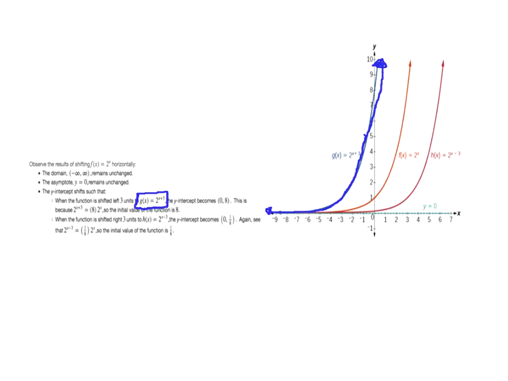So I move from 0, 1 to -3, 1. The horizontal asymptote does not change, meaning my range does not change either.